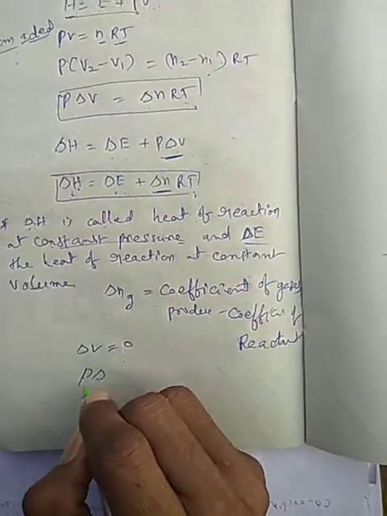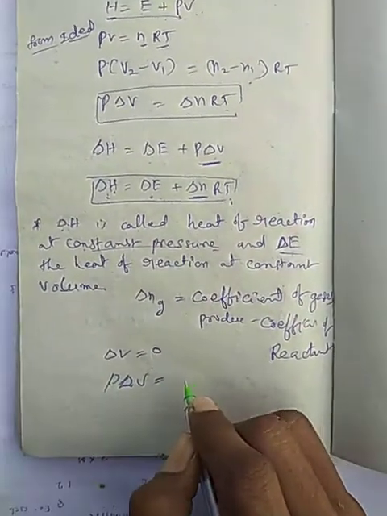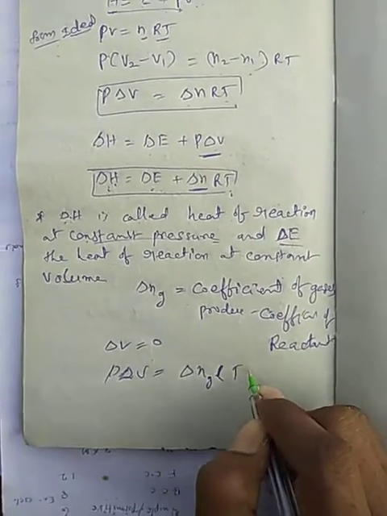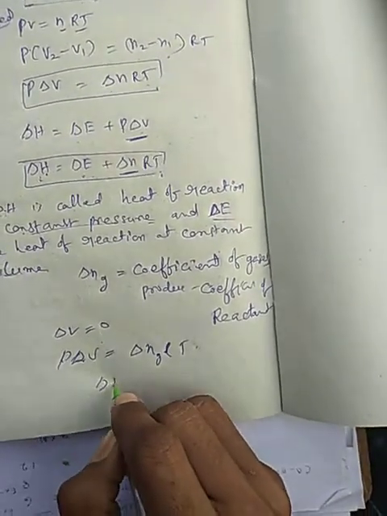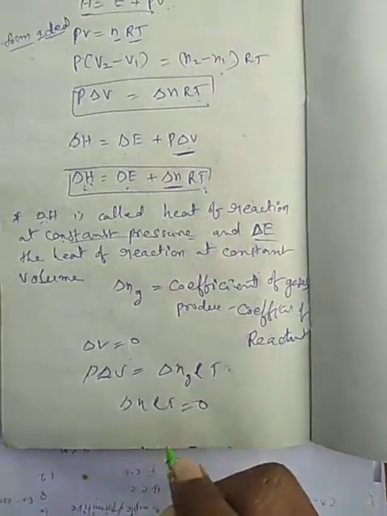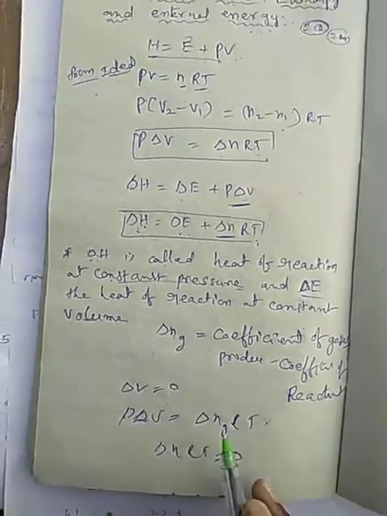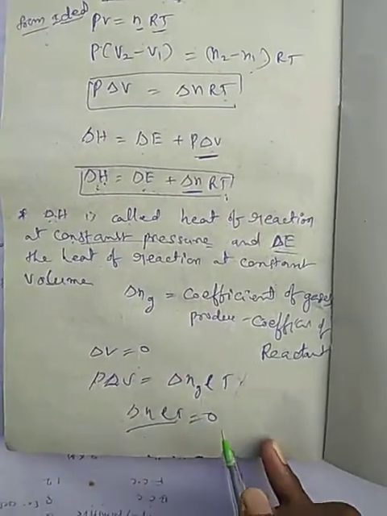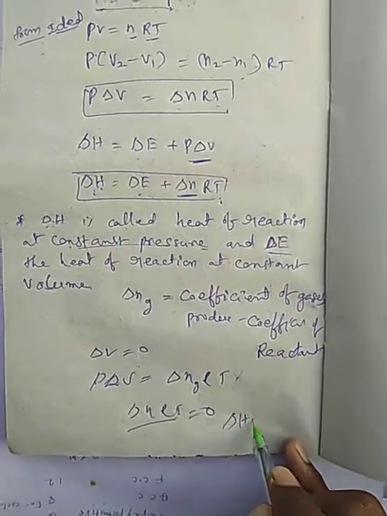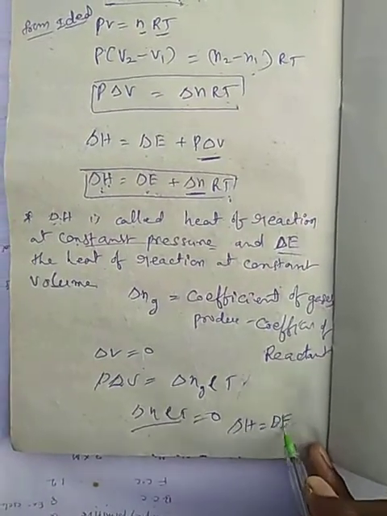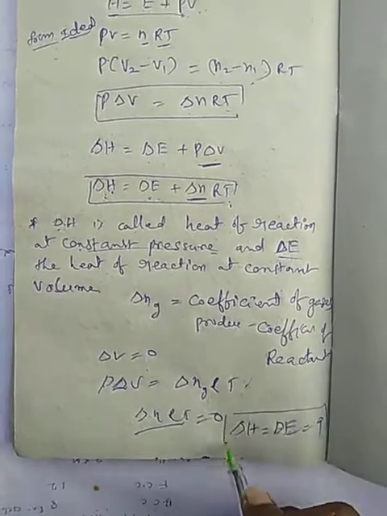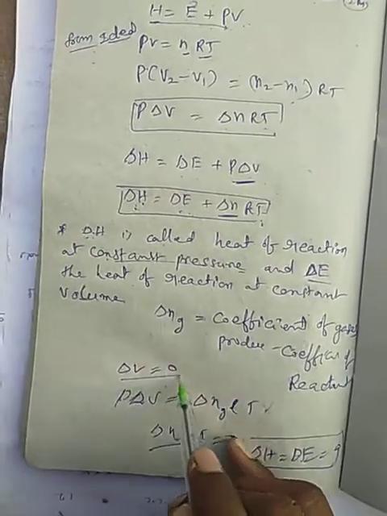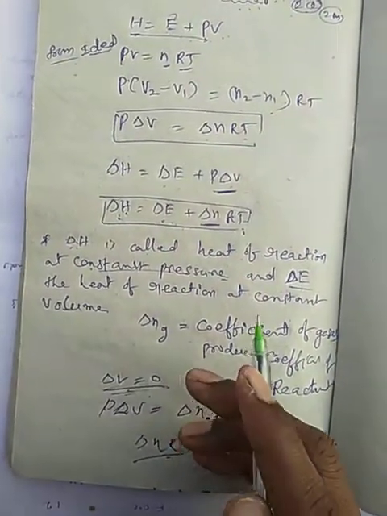Then P delta V is equal to delta n RT, and it becomes 0, meaning delta n RT becomes 0. Substituting this value in the equation, delta H is equal to delta E, which is equal to Q, because when delta V is equal to 0 the term becomes 0.